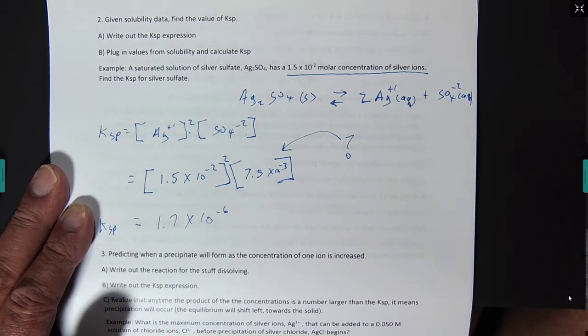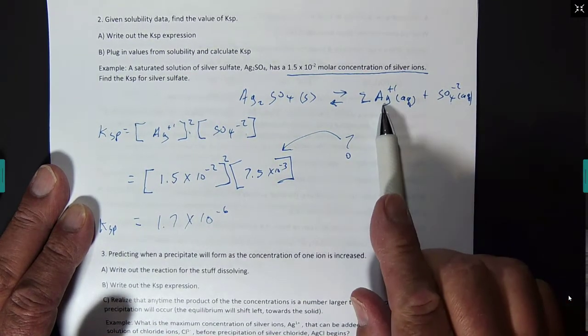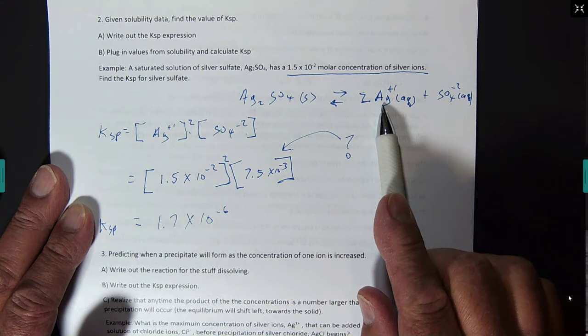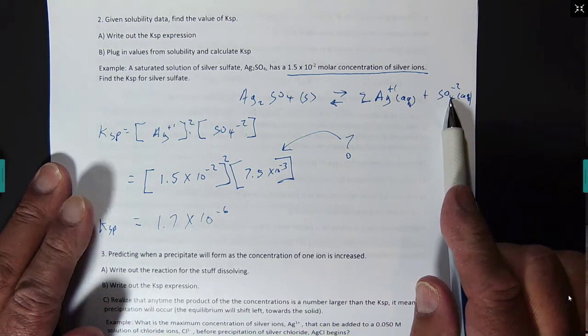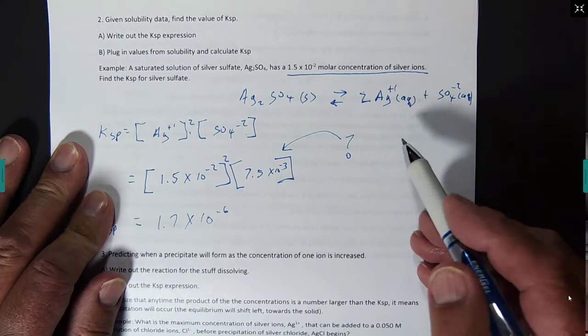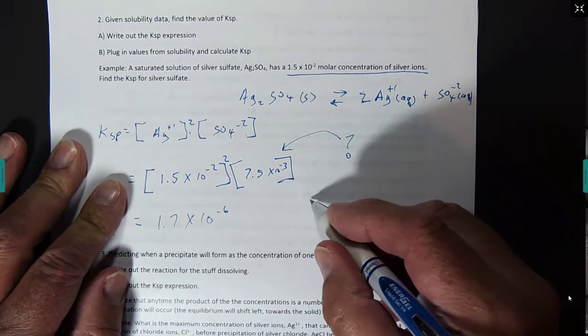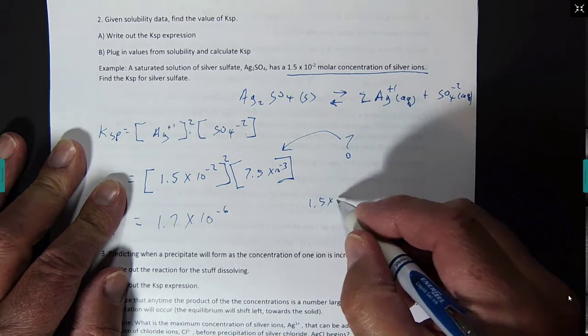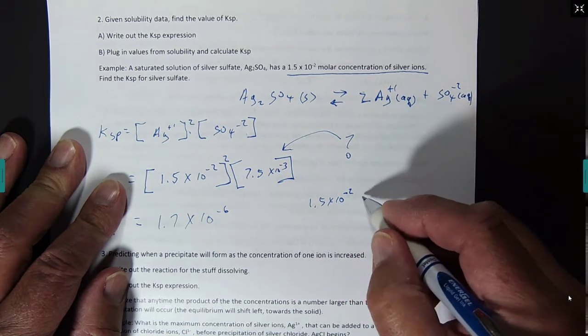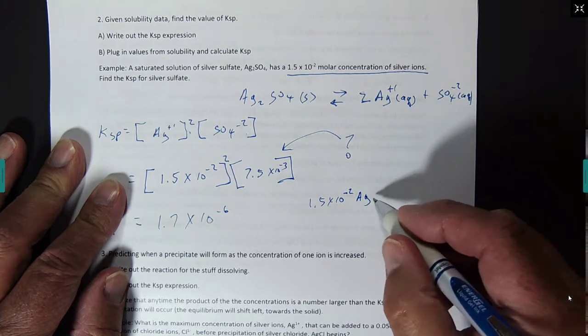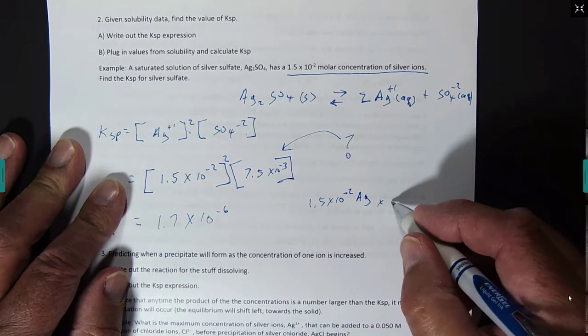Oh, it's stoichiometry. If I know the concentration of this, I can find the concentration of this. So if I start the problem with the concentration of my silver ions, 1.5 times 10 to the negative 2 is my silver concentration. I'll leave the charges off.